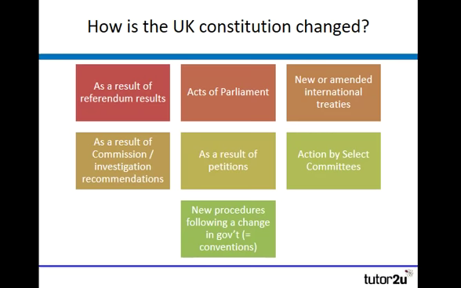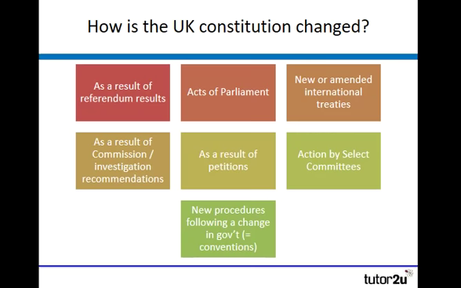The top left there points out that the constitution might change as a result of referendum results. Good examples there would be the results of the 2016 EU referendum, in which the majority of Britons voted for Brexit. Other examples might include the devolution referendums held in Scotland and Wales shortly after the Labour government took power in 1997.